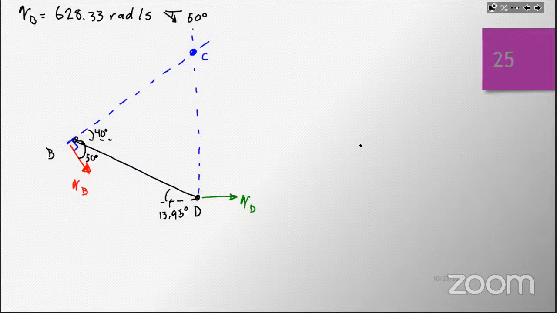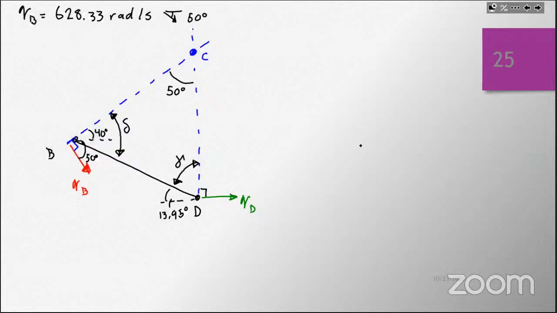So we need to figure out another couple angles. I'm going to need to know this one in here, and this one here. I'm going to call this one right here gamma and this one delta. And I'm going to say that this angle is 50 degrees.